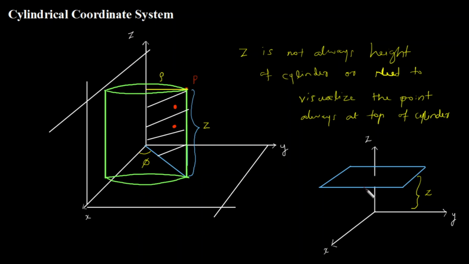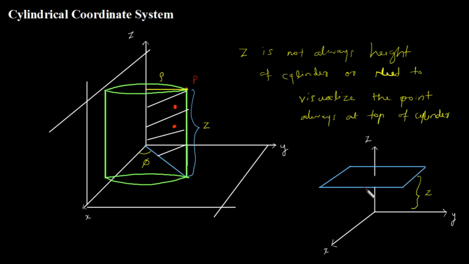In the sense, rho, which is the radius of the cylinder, phi, which is a vertical plane perpendicular to xy plane, making an angle phi with respect to xz plane, and Z, which is a constant plane parallel to xy plane.